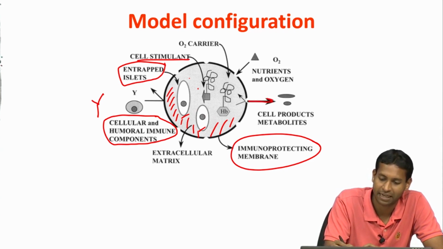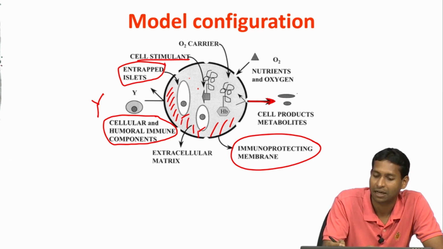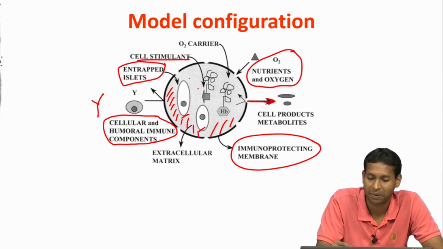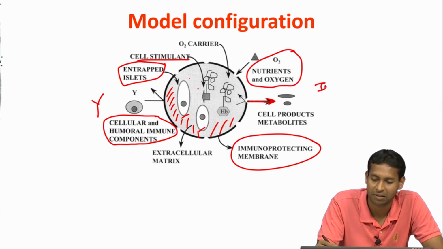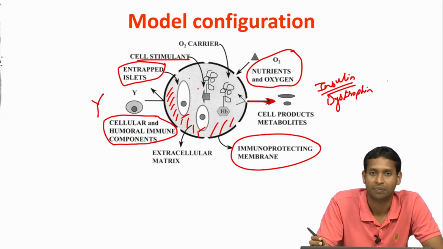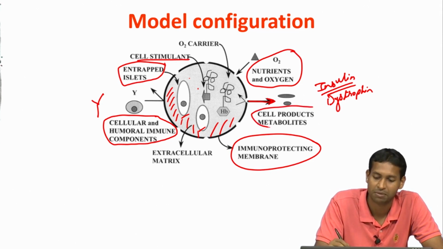So, that is also a big criterion, that along with the nutrients and oxygen being able to go in, it should be big enough to allow, let us say if it is producing insulin, which is a fairly small molecule, it should be able to come out, or if it is dystrophin which is not so small, that should be able to come out. So, the cell products should be able to come out, and more than that the waste product should also be able to come out.